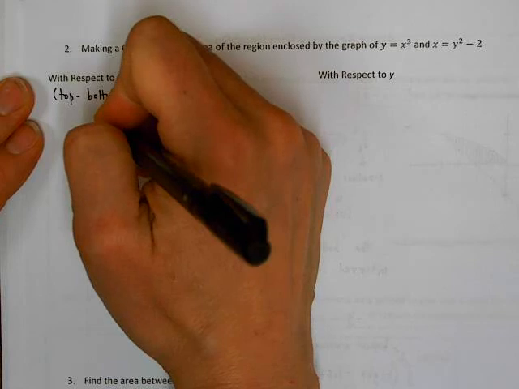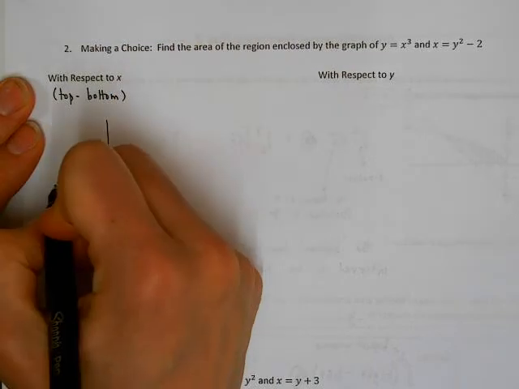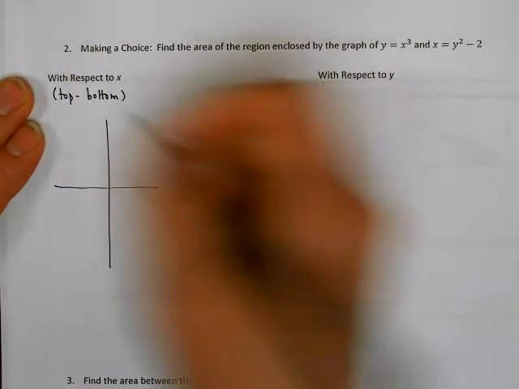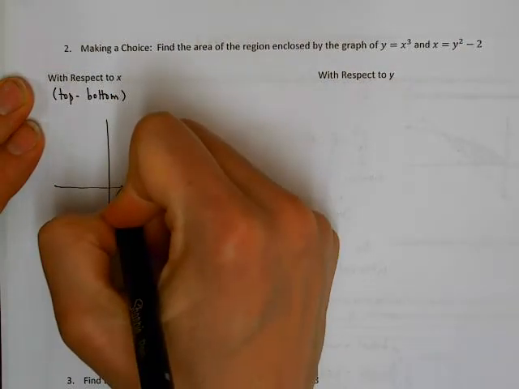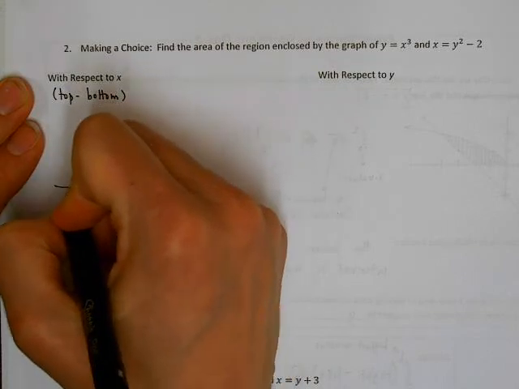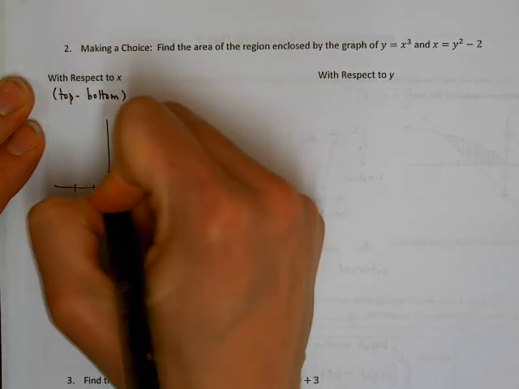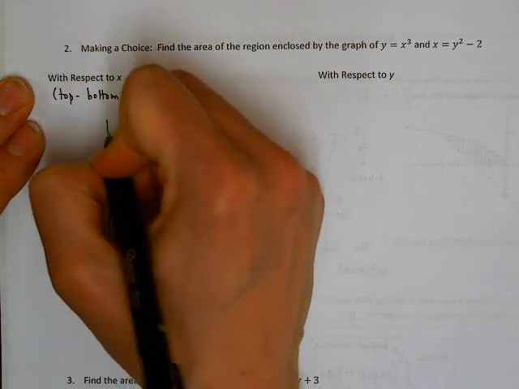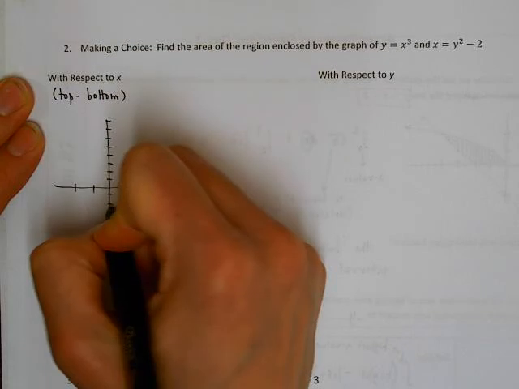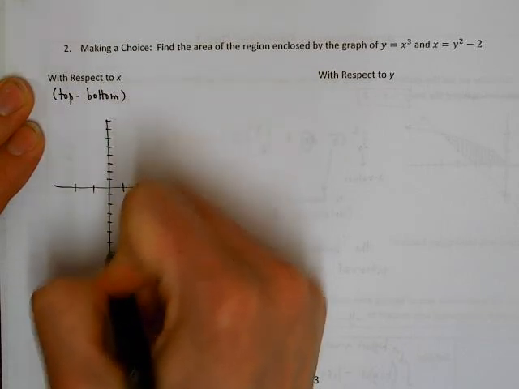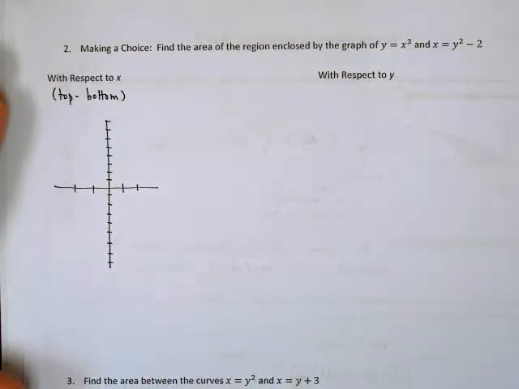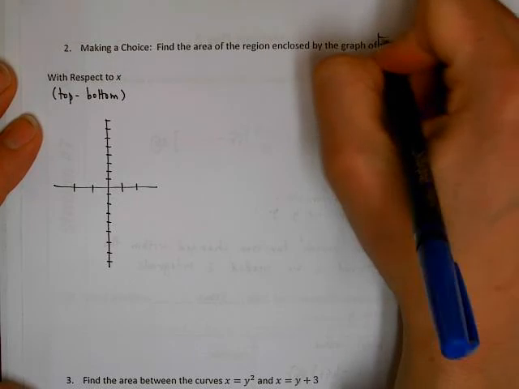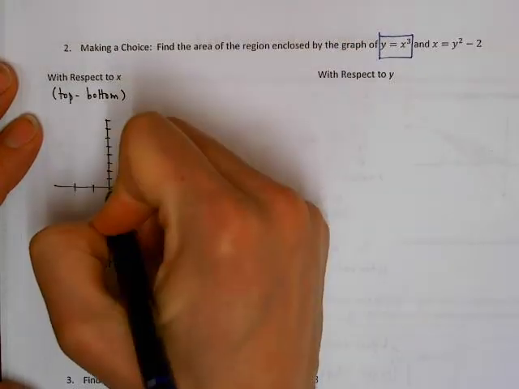So let's do a sketch here. So y equals x cubed. All right, so I'm going to start with y equals x cubed. I know what that looks like. I've got a point at 0, 0.